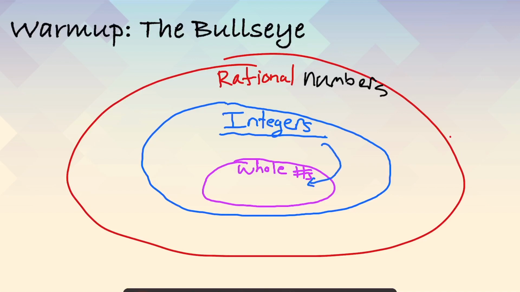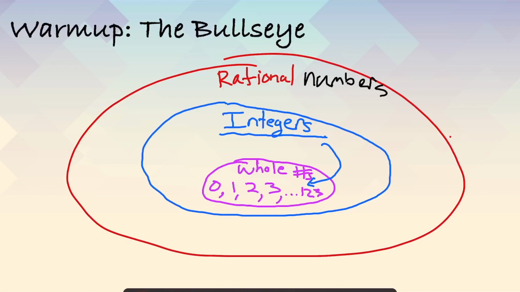The set of whole numbers, you can write these examples in the small circle here. Whole numbers, right? That's your 0, 1, 2, 3, 123, right? Whole numbers are not negative. There's no such thing as a whole number that's negative.